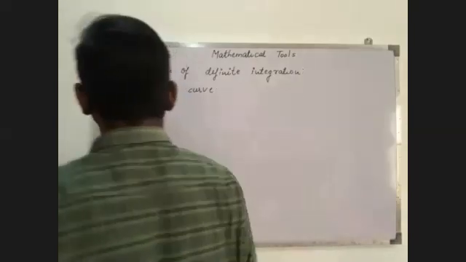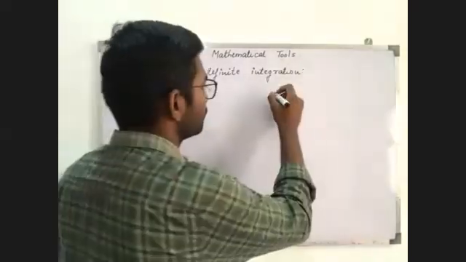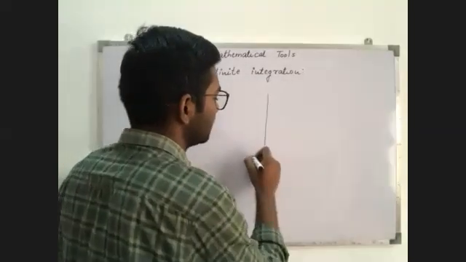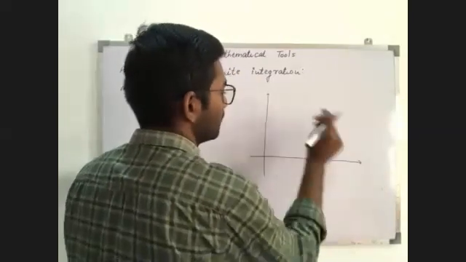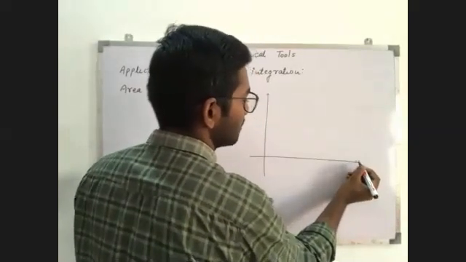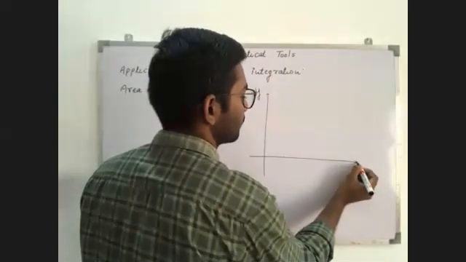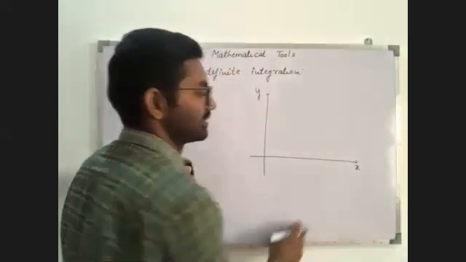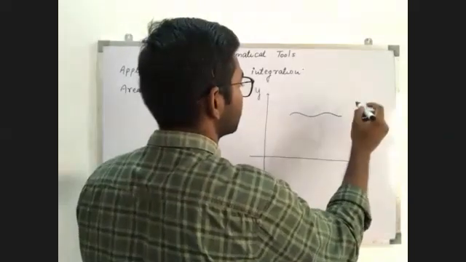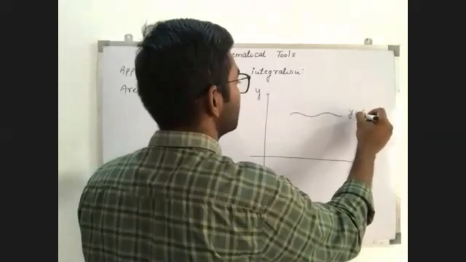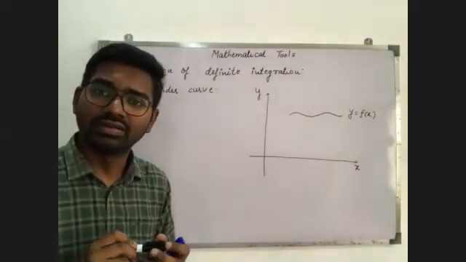Now look here. I am talking about area under curve. So let's suppose, let me take an example. Let's suppose this is y-axis, this is x-axis, and let's suppose this is the function f(x). y equals f(x) is a function.